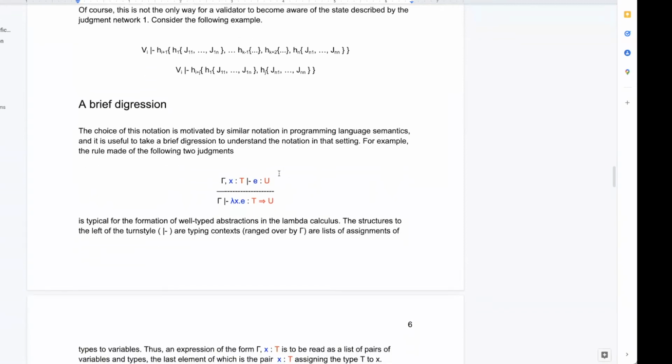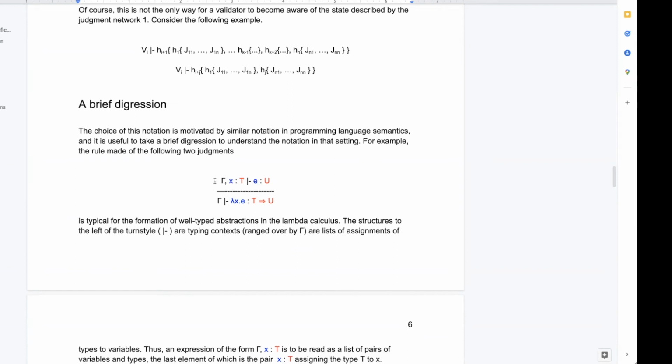The one that we've got in front of us is fairly typical of the judgment for a well-typed lambda abstraction. If you're not familiar with judgments of this form, to the left of the turnstile we have type contexts, and these are effectively lists of pairs assigning variables types.